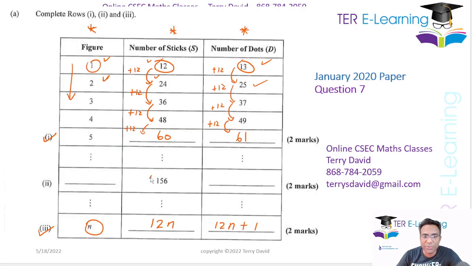So let's see. You know that the number of sticks here is 156, right? So 12n is equal to 156.